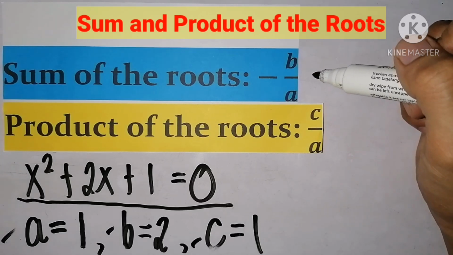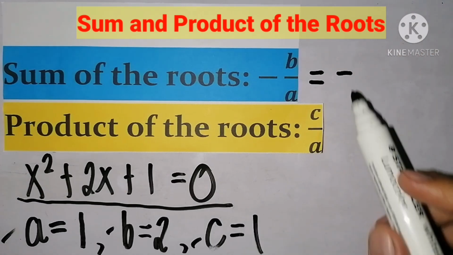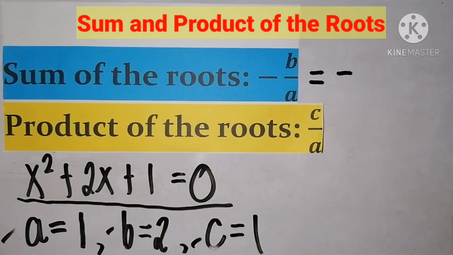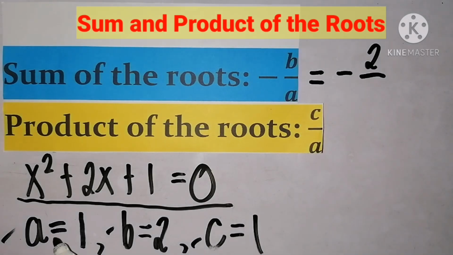So we copy negative, then replace the value of b by positive 2, over the value of a, which is 1. If we simplify, we divide negative 2 over 1, so the result is equivalent to negative 2.